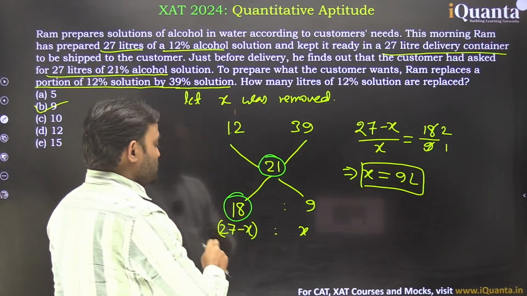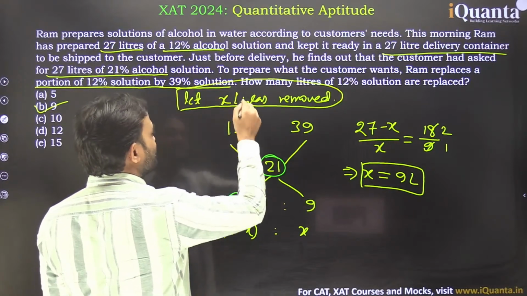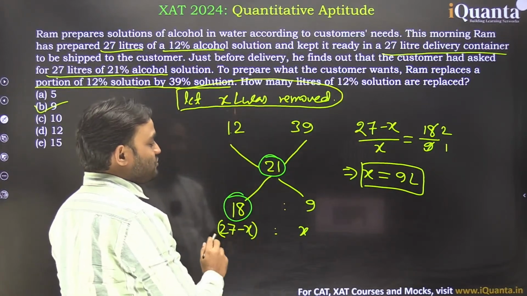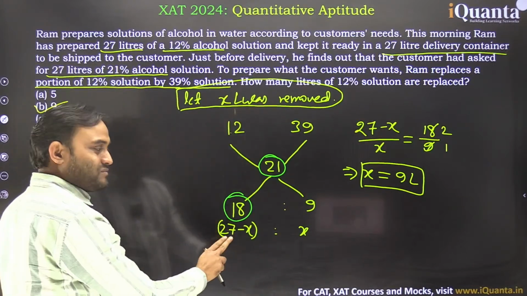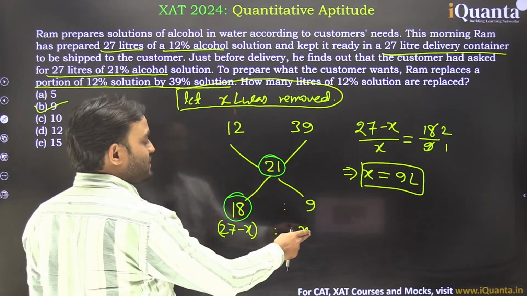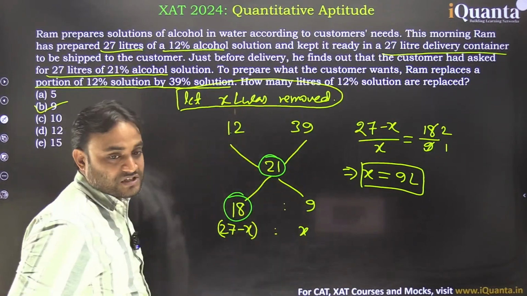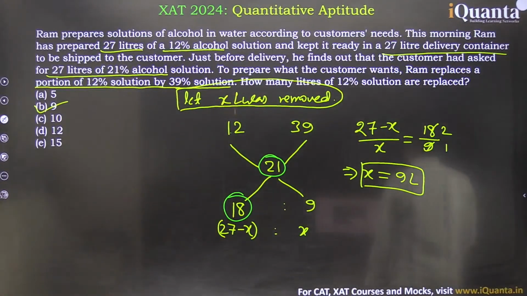Okay, so x liter was removed. So if x liter was removed, then remaining quantity of 12% solution will be 12 minus x. And what was added? So x liter of 39% solution was added. This ratio should be equal to 2:1. ठीक है.